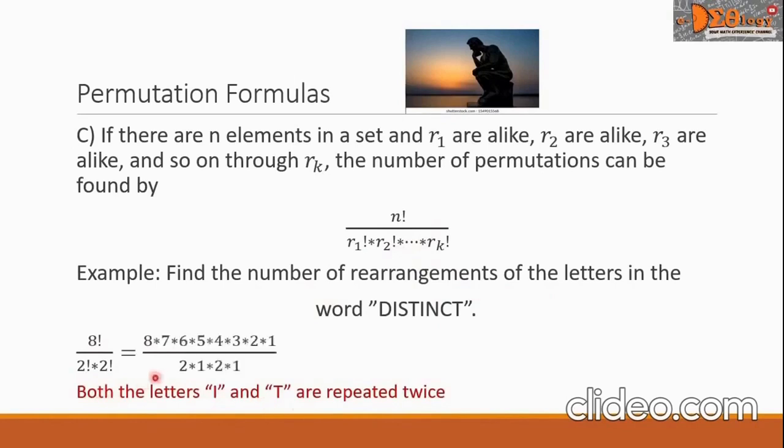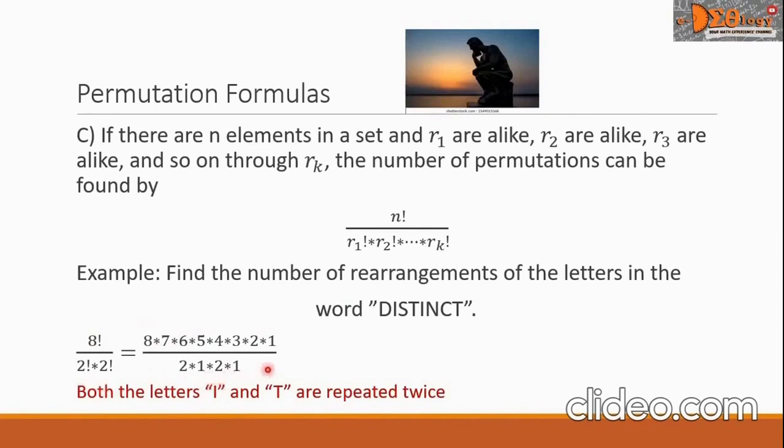So let us simplify this. The 8 factorial becomes 8 times 7 times 6 times 5 times 4 times 3 times 2 times 1, all over 2 factorial, which is 2 times 1, times 2 factorial, which is another 2 times 1.